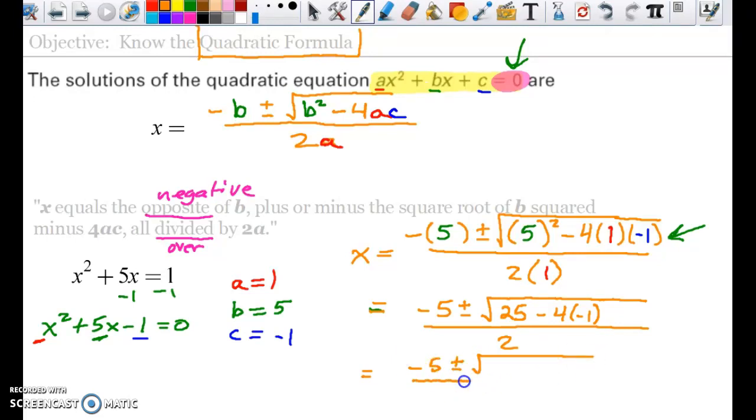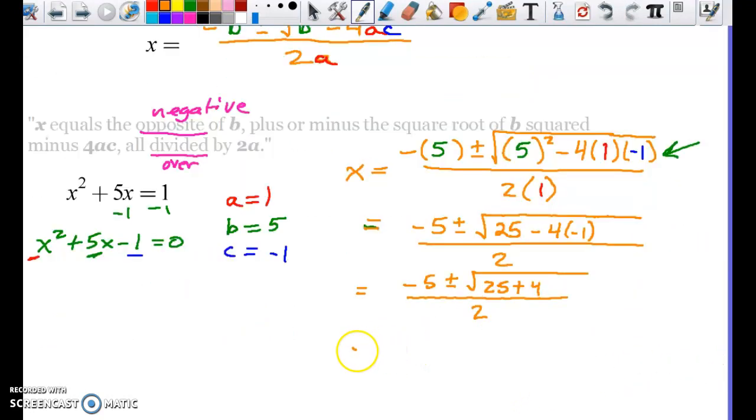So now I have negative 4 times a negative 1. That makes it positive 4, all over 2. And then negative 5 plus or minus the square root of 29 all over 2. And now we're at a place where things look a lot better than what they started with, right?